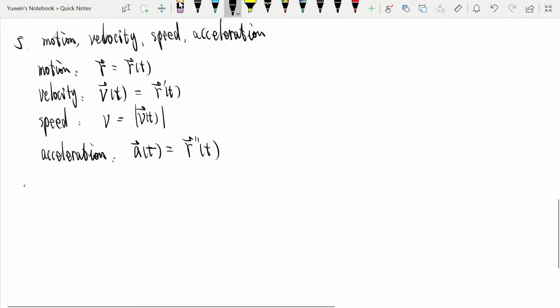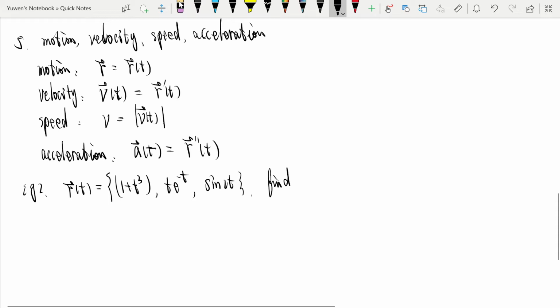The second example: if r(t) equals, maybe a different one, we write as coordinates (1 plus t cubed, t e to the negative t, sine 2t).